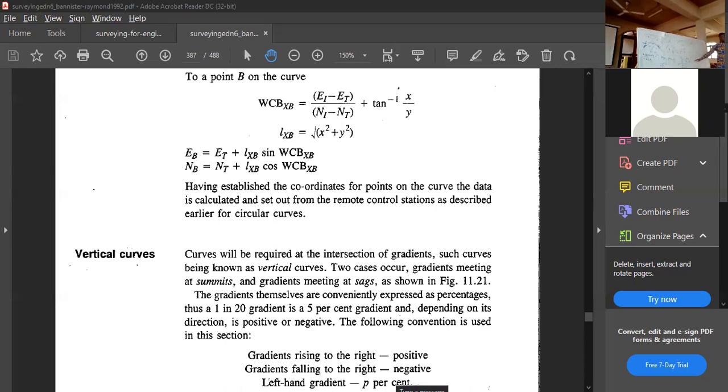So 1 in S of a slope, in terms of percentage, what is it? 1 in S. What will be the percentage? 1%. So it means that I drop 1, I move S, that is the change in y over the change in x. That's the ratio, 1 over S. Then of course you have to multiply by 100 to get percentage.